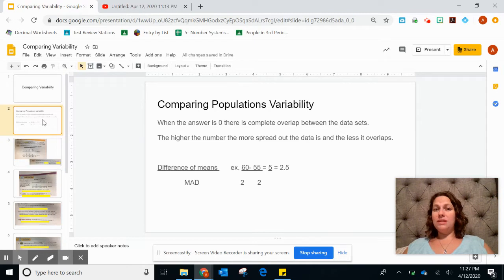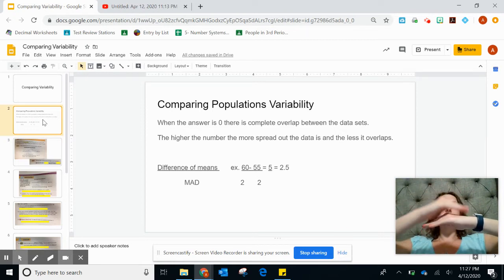That's the only time I would say no overlap. Otherwise, I would stick with completely for 0. That's the only one that can be completely. And then 1, 2, 3 would be a lot. 4, 5, 6, anything more than that would be a little. There's not a specific cutoff number like once you hit 20, now it's no overlapping. There's nothing like that, unfortunately. So we just kind of have to do our best with that.